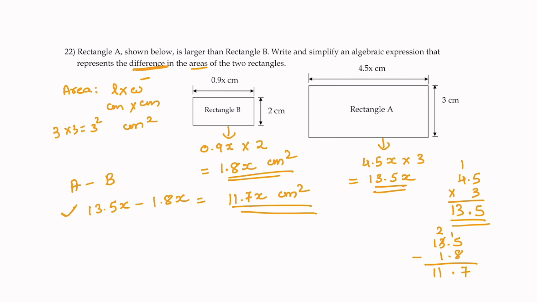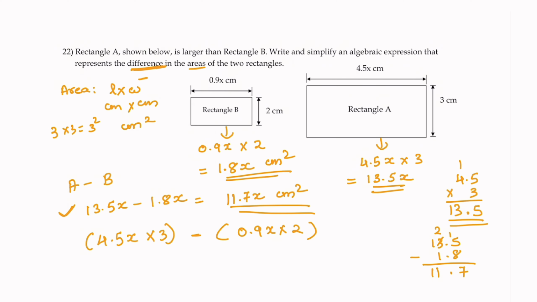Here you solved each one individually and got the answer. If you want, you can solve it together also. So in this case, area of rectangle A is how much? 4.5x times 3 minus, you'll do 0.9x times 2. So that's your expression. Again, you can go this route also. The first option that I did was to find each one individually and then do the difference.